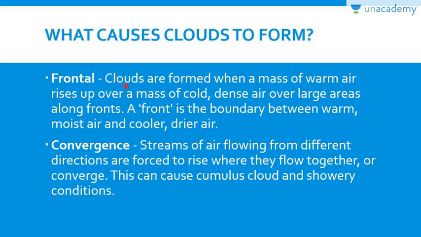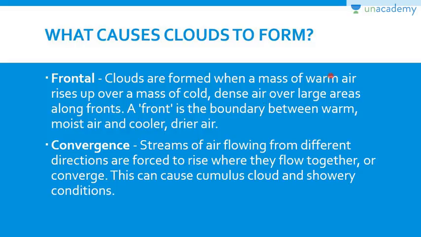The third is fronts. Now, fronts we'll discuss in another lesson. But what are fronts? These fronts are generated when two contrasting air masses meet or converge, right? Now at that place also clouds are formed when a mass of warm air rises up over a mass of cold dense air.